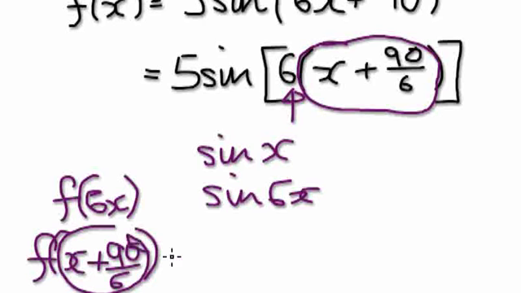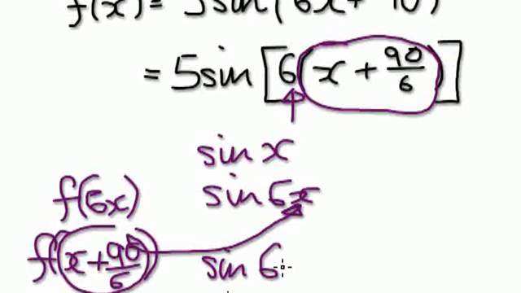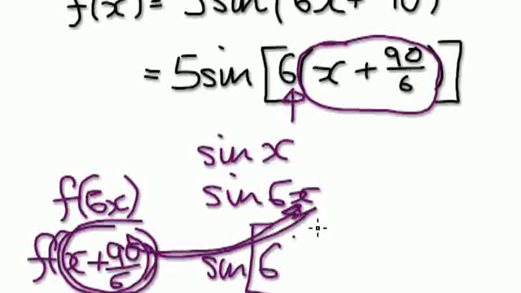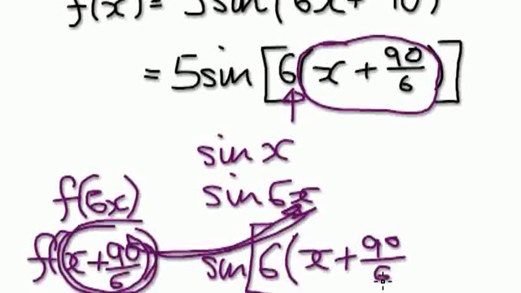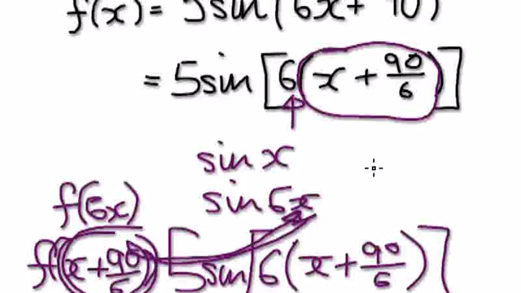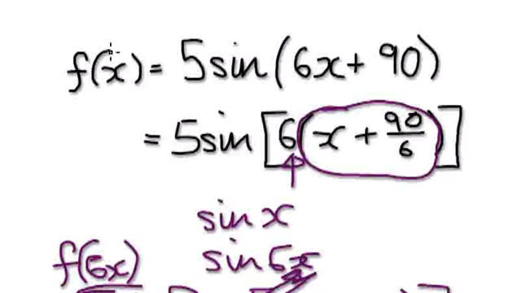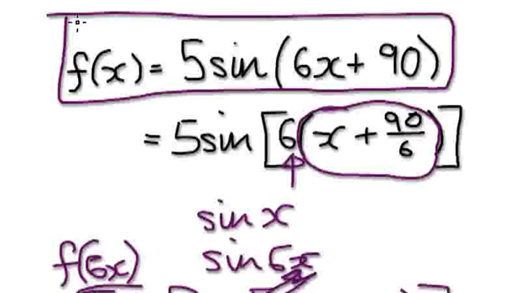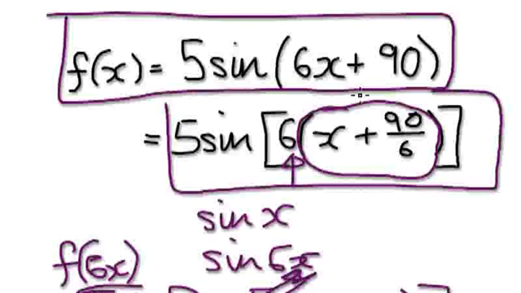We can then put this into the x here, and that will neatly give us sine 6 of, square bracket here. And remember, you're putting this whole thing into the x here, so it becomes x plus 90 over 6, and then later on we multiply by 5. For you to fully understand this, you have to rewrite it as this.